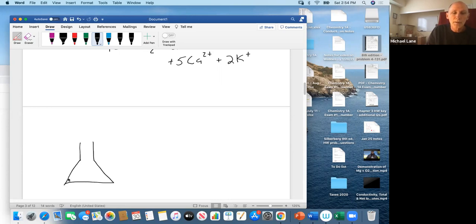So that represents an Erlenmeyer flask. And into the Erlenmeyer flask went the solution that had the calcium oxalate. So the calcium oxalate goes in, which is a source of oxalate ions, and then the titration occurs.